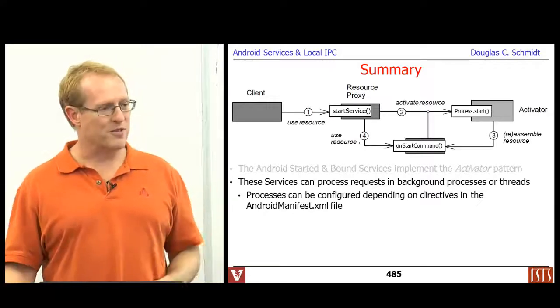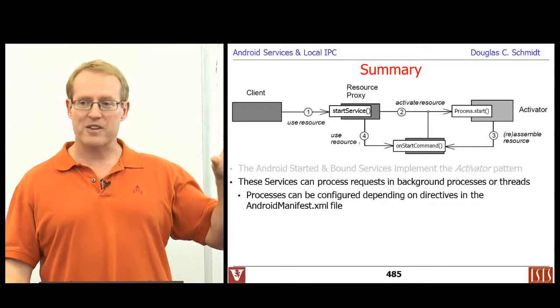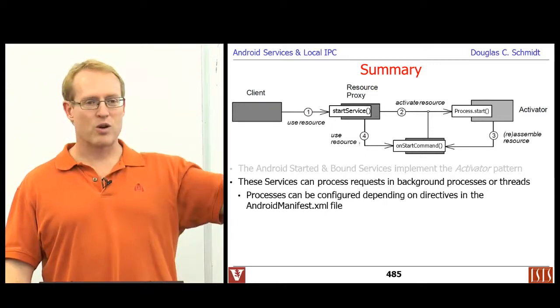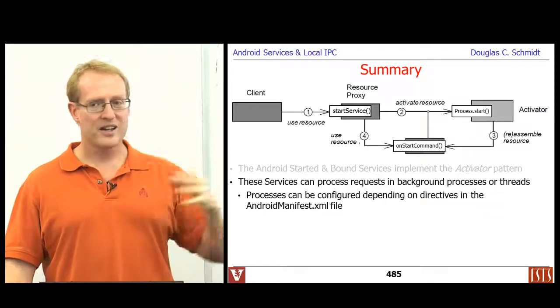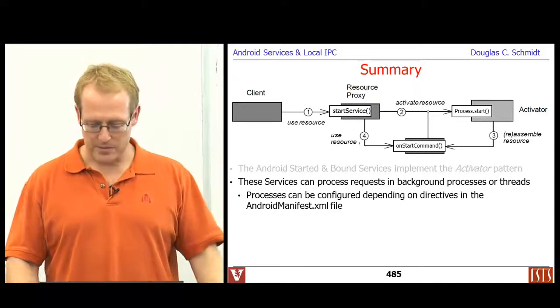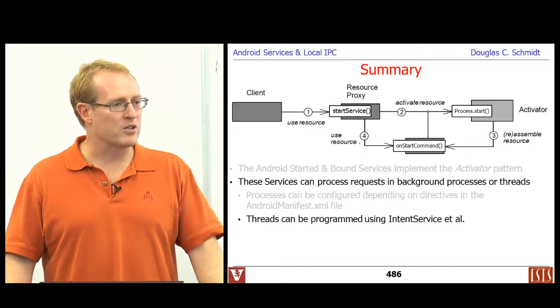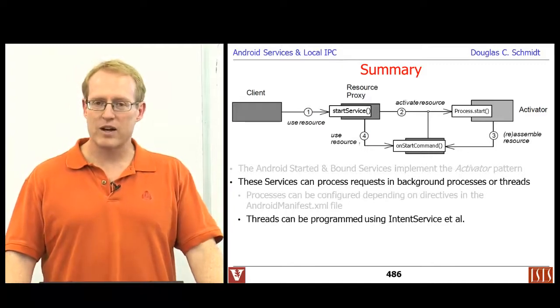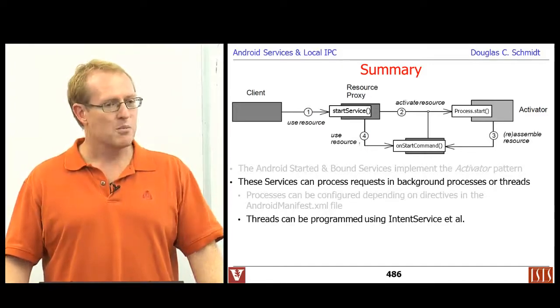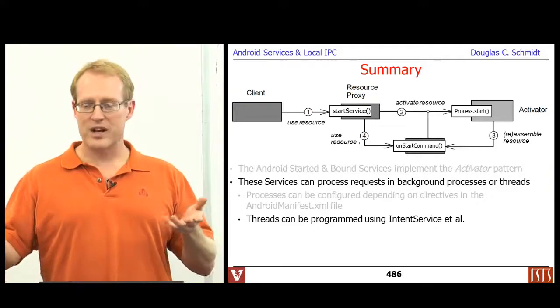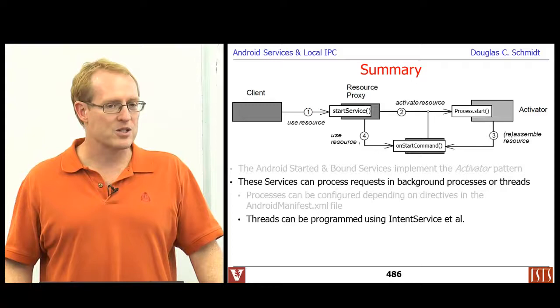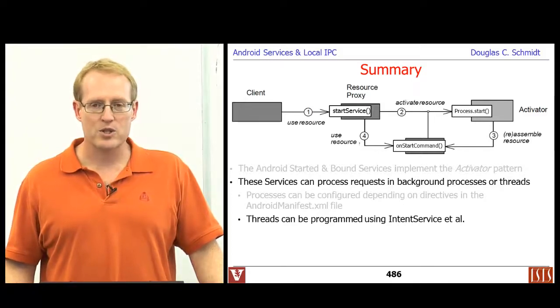But without too much effort, you can tweak the Android manifest file to say, I want this thing to run in a separate process, so it can then be launched in a separate execution context than the context that was originally calling it. And if you want to be able to do threads and have the service run in a thread, then you can program that by inheriting from IntentService or doing something else not unlike what you guys have done for your programming assignments to implement multi-threading on the service side.